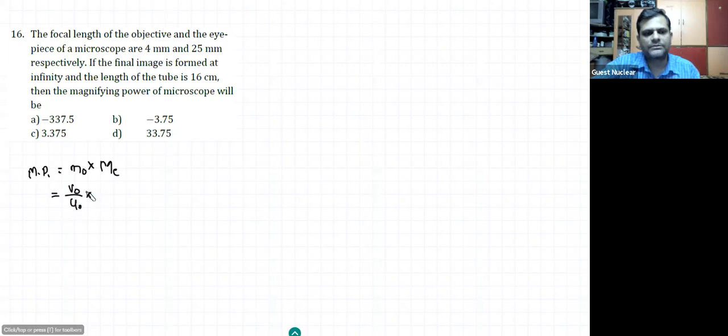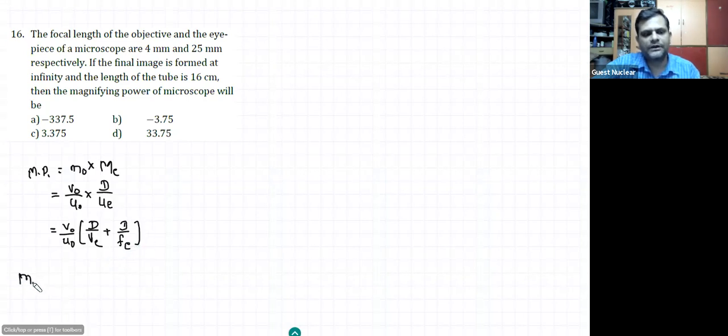And the magnifying power of eyepiece can be written simply as D upon UE, but this D upon UE can actually be expressed as 1 plus D upon FE, or D upon VE plus D upon FE, correct hai? And it has two extreme values.